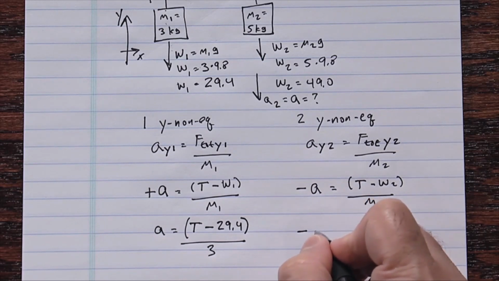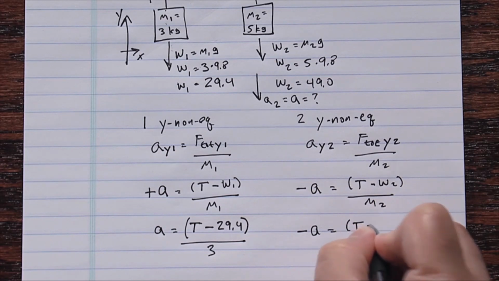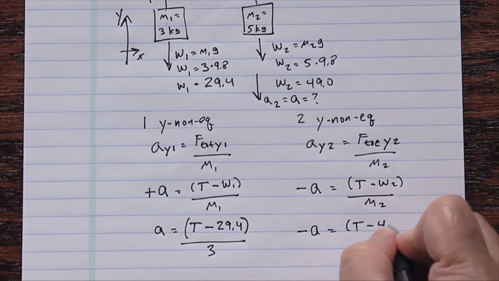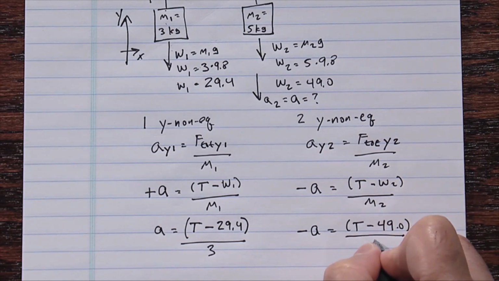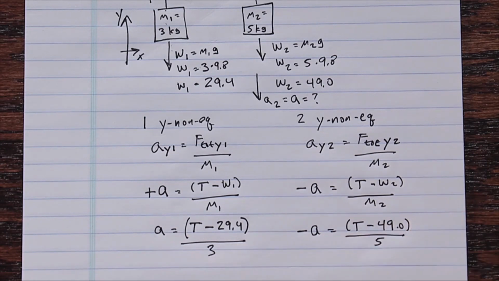And for the other equation, we have acceleration is equal to tension minus weight 2, tension minus 49.0 divided by 5 kilograms of mass. And as you can see here, we have two equations in two unknowns. And that's okay, we can solve that. I'm going to solve both of these equations for tension, and then they'll be equal to each other, so I can set them equal to each other.